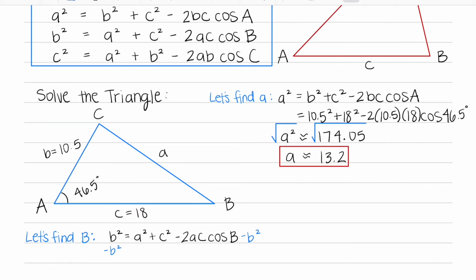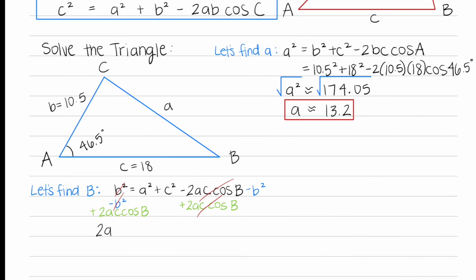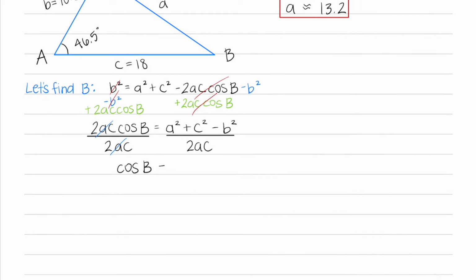And let's move this negative 2ac cosine B to the left. So let's add that on both sides. So now we have 2ac cosine B equals a squared plus c squared minus b squared. And let's get this cosine B alone by dividing both sides by 2ac. So now we have cosine B equals a squared plus c squared minus b squared over 2ac.